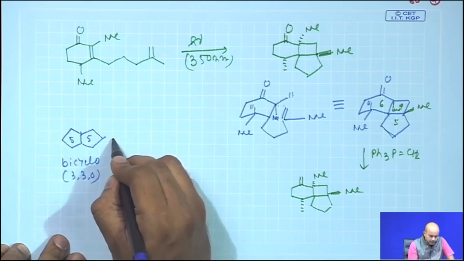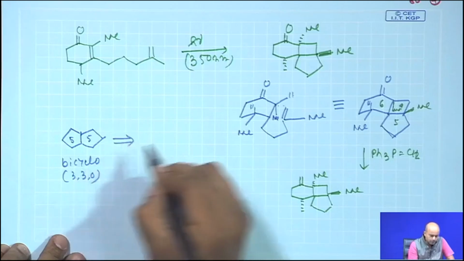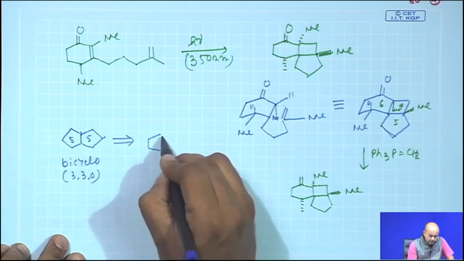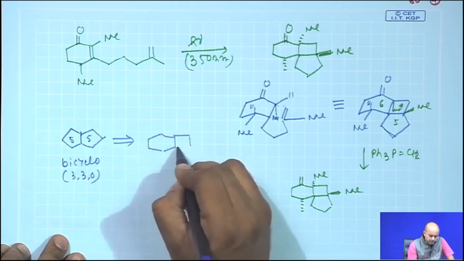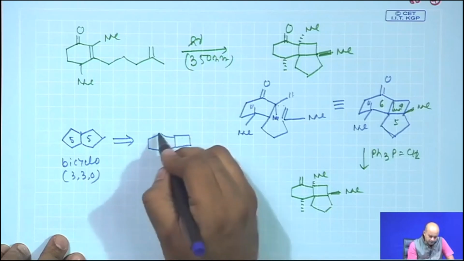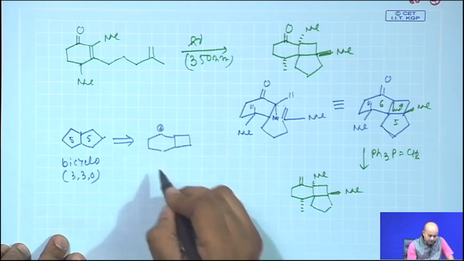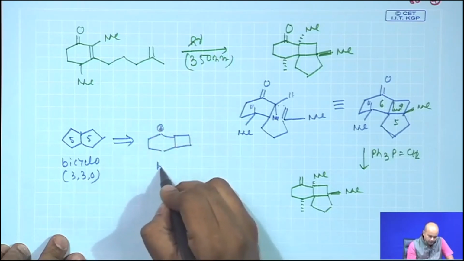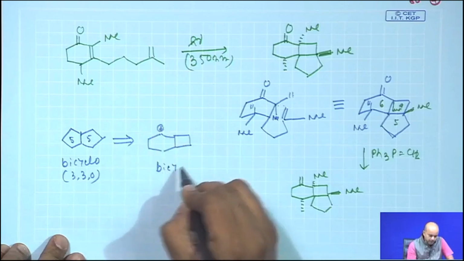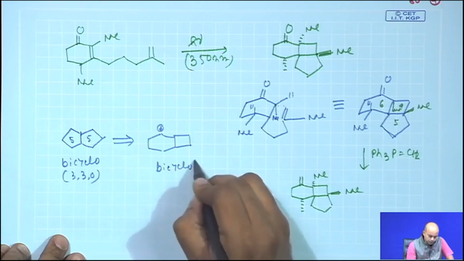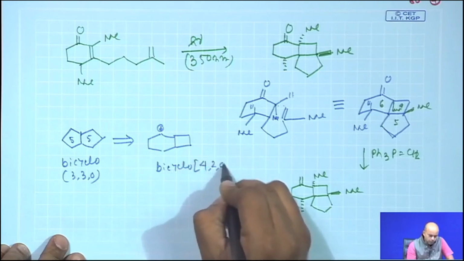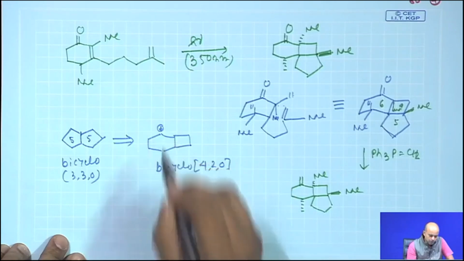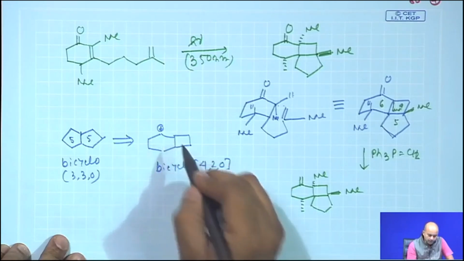Now, what you are saying is that this particular topology can be constructed if you have this carbocation which is now bicyclo 4.2.0. We are saying that this is bridged.